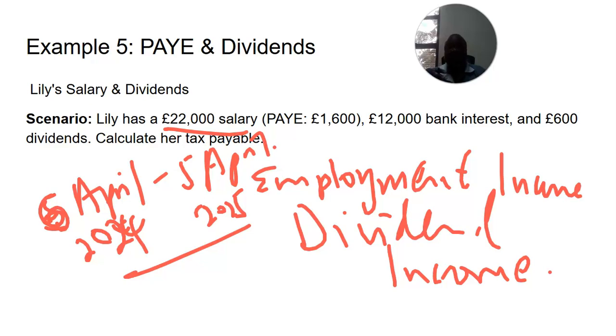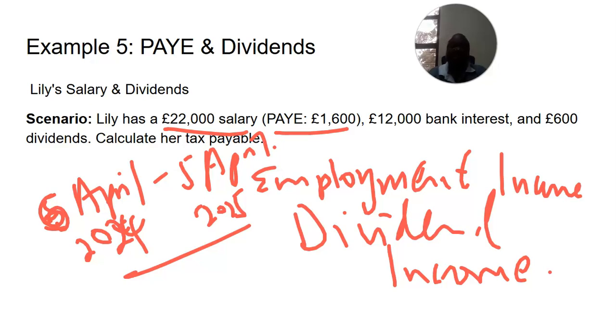The figures you will be given will normally be annual figures, right? So sometimes you need to prorate, sometimes we are not going to do so. All right, so this lady is earning a salary of 22,000 pounds, but she has already paid during the year PAYE of 1,600.